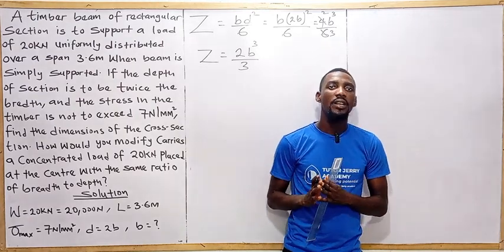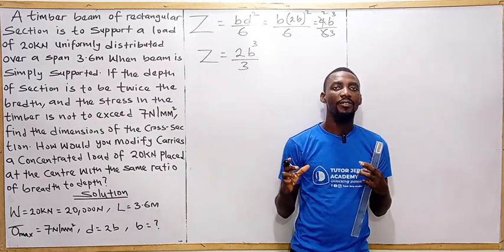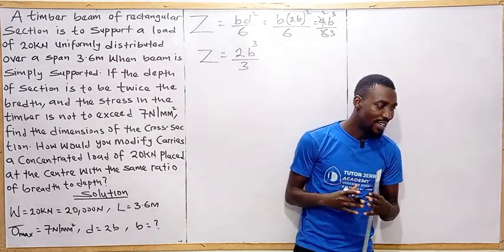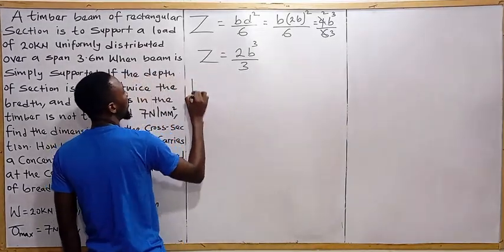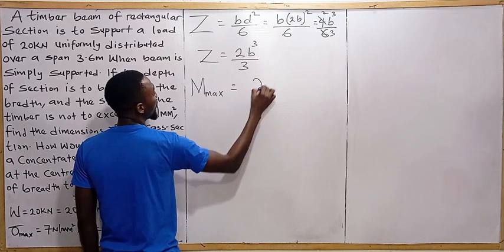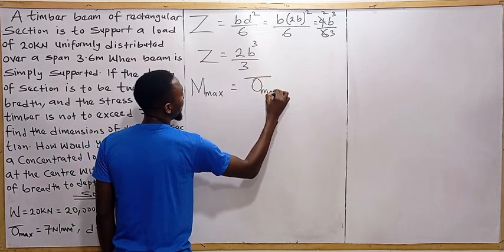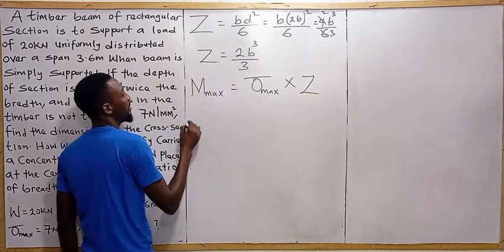Again, we are going to recall from the flexure equation that our maximum bending moment is equal to maximum stress multiplied by the section modulus.